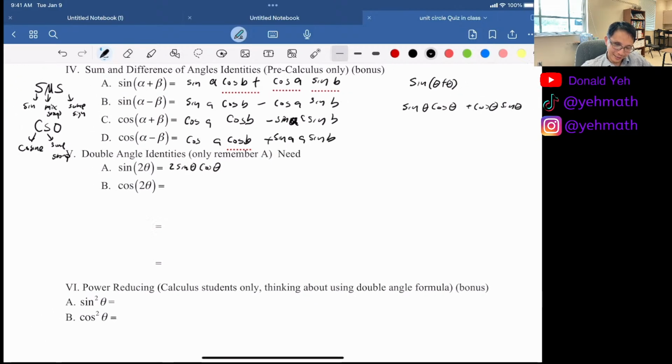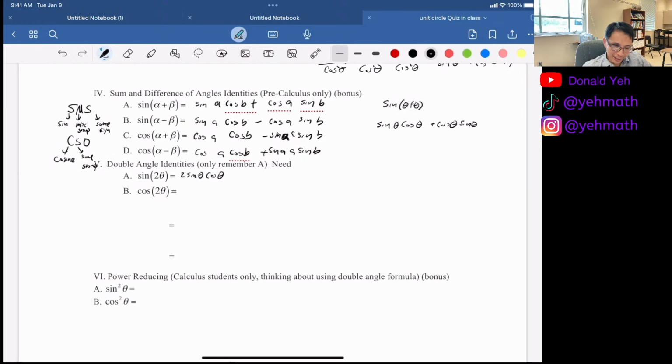All right. So sine 2 theta is equal to 2 sine theta cosine theta, coming from the other one. You can get the same thing for cosine. Just imagine it's cosine of theta plus theta, and use the second formula here. That's cosine theta times cosine theta minus sine theta times sine theta.